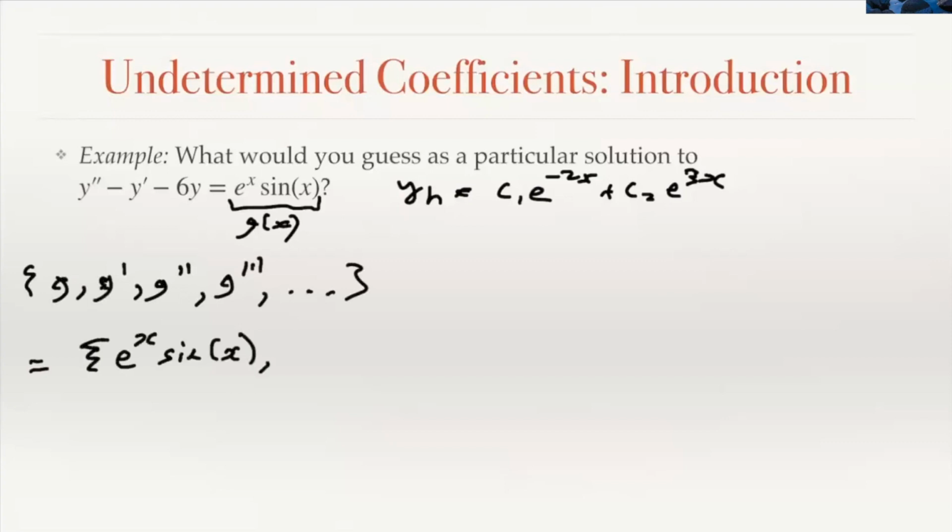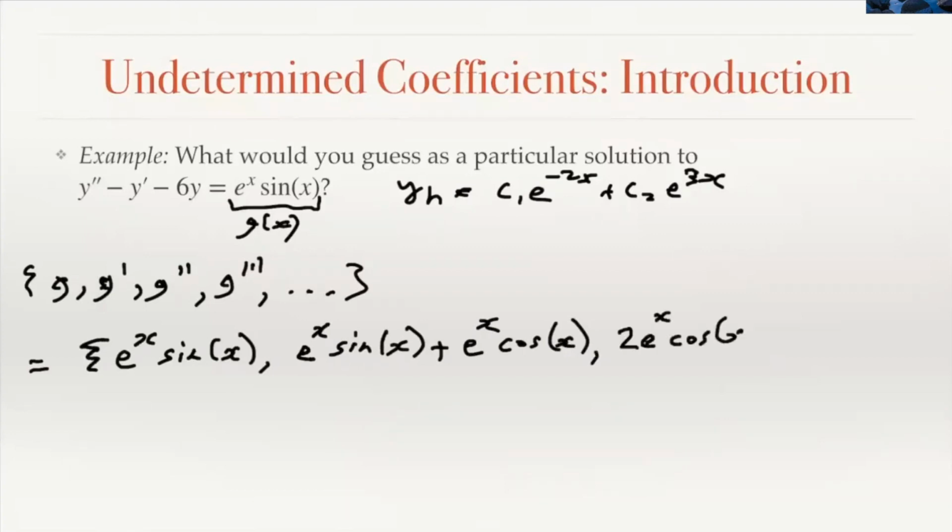The derivative of that by the product rule is that. The derivative of that, again by the product rule, is 2e to the x cosine. The derivative of that by the product rule is that, etc.